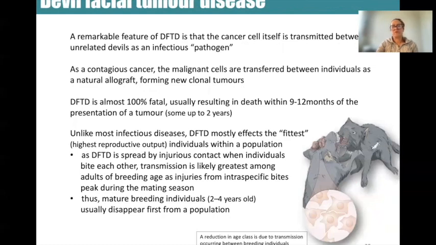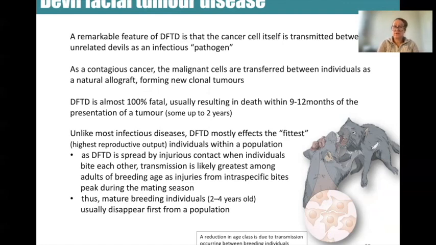A remarkable feature of the devil facial tumour disease is that the cancer cell itself is transmitted between unrelated devils as an infectious pathogen, essentially a contagious cancer. So these malignant cells are transferred between individuals as a natural allograft, forming new clonal tumours.